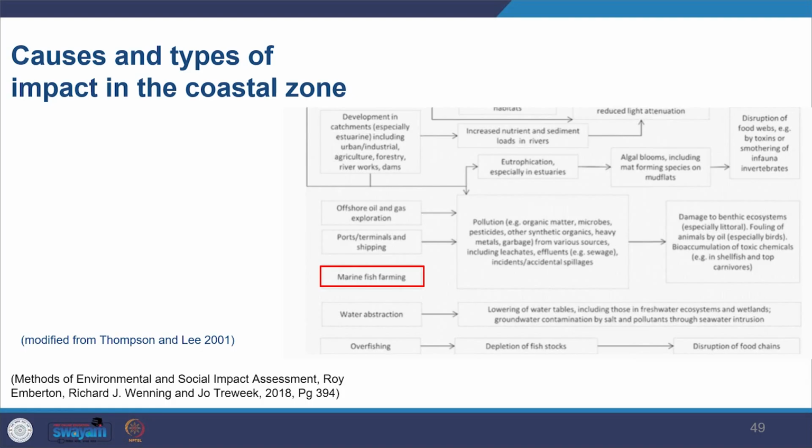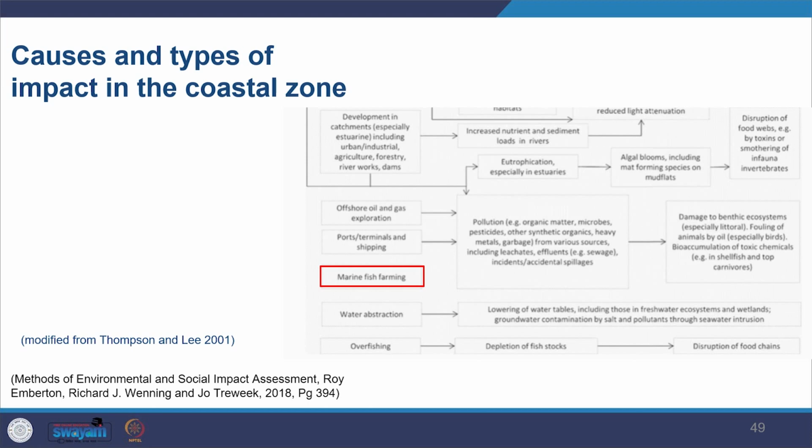And because of the kind of activity happening, you also have effluents going into the water, and then there can be incidents or accidents with the oils and other things, which is said to be one of the greatest threats to the ecology.